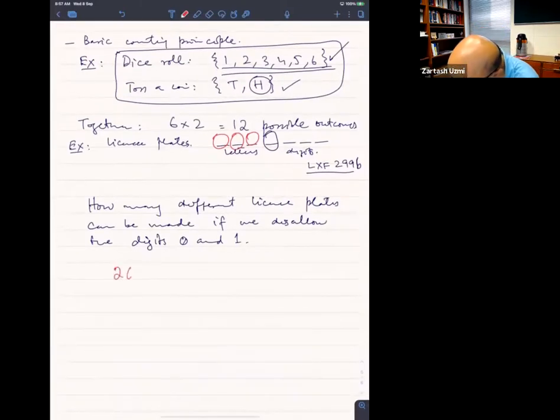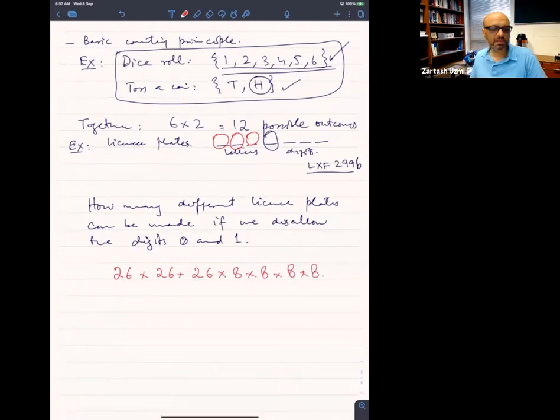So 26 times 26 times 26, ये पहली 3 आ गई, times 8 times 8 times 8 times 8. So this is the total number of license plates that you can have.